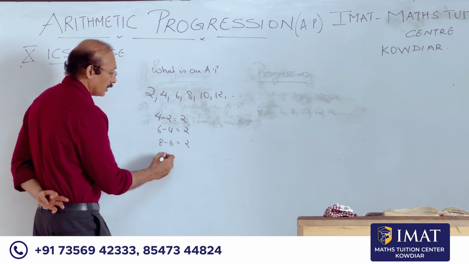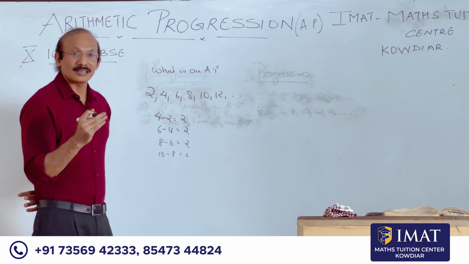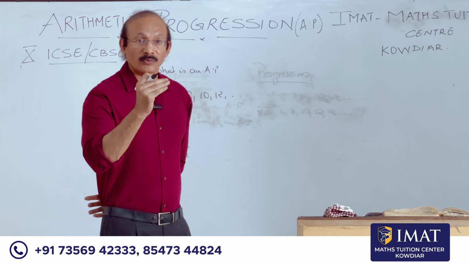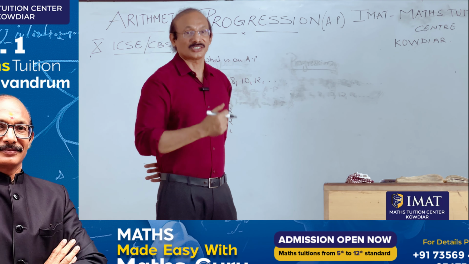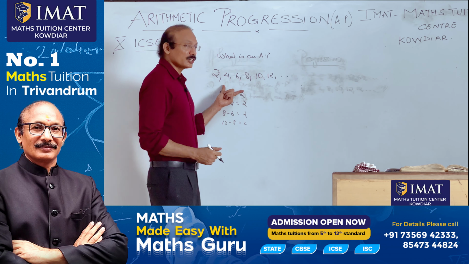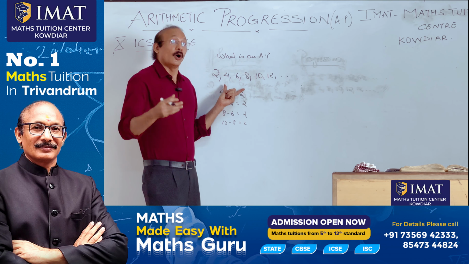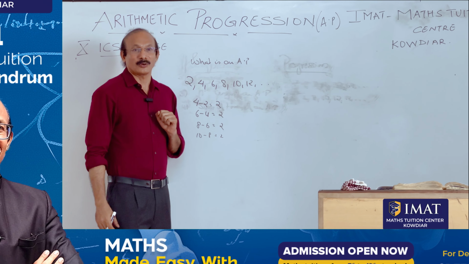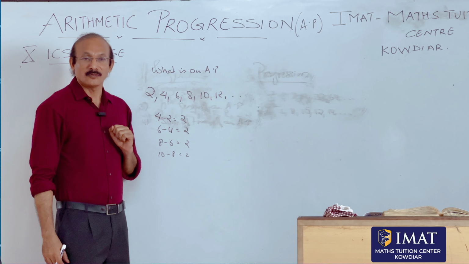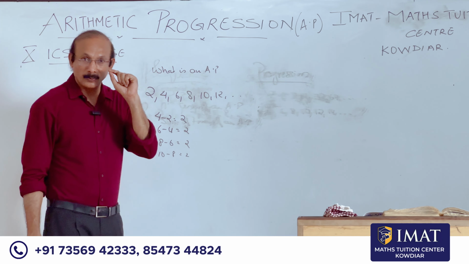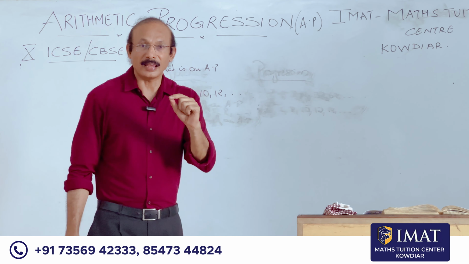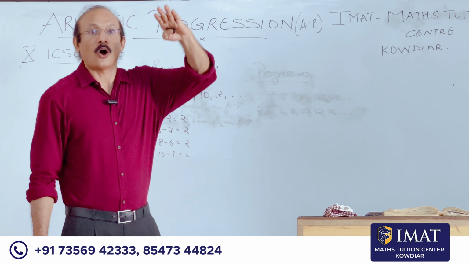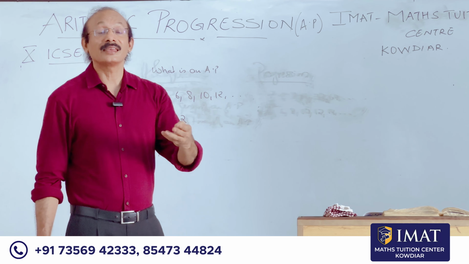The difference of 10 and 8 is 2. What you are seeing here is, it is an increasing sequence which increases by a constant. A progression which increases or decreases by a constant is called an arithmetic progression. Are you following what I am saying? A progression is said to be in AP if that progression increases or decreases by a constant.